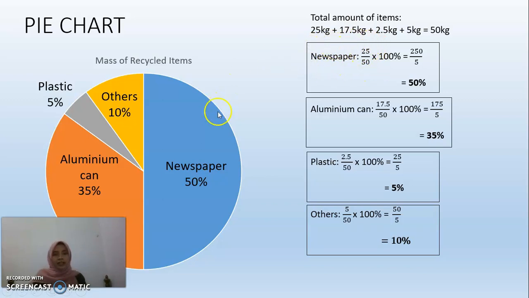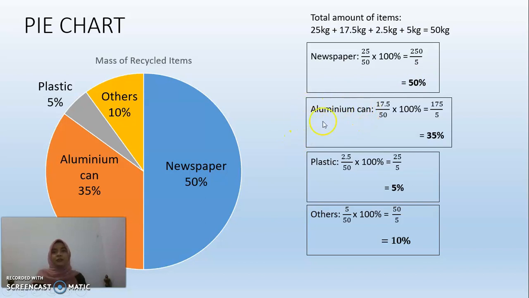So let's see the first example here, newspaper. Newspaper is 25 kilogram, right? So 25 kilogram over 50 kilogram, the total amount, times 100, and then we'll get the answer 50%. Okay, so we are going to do that to all 3 other items.